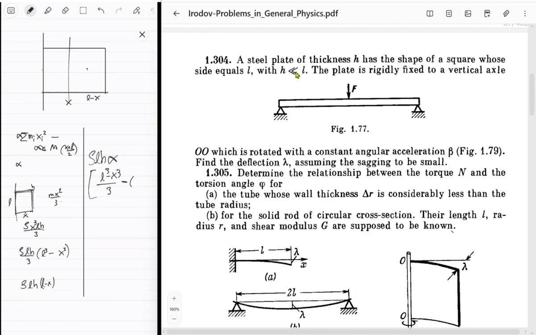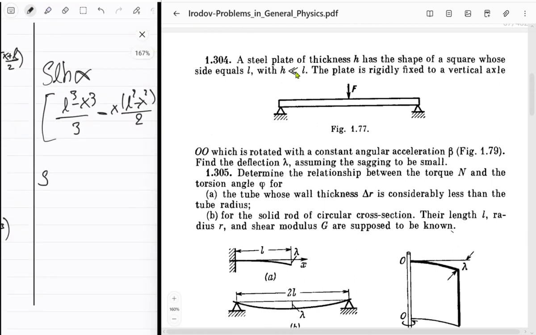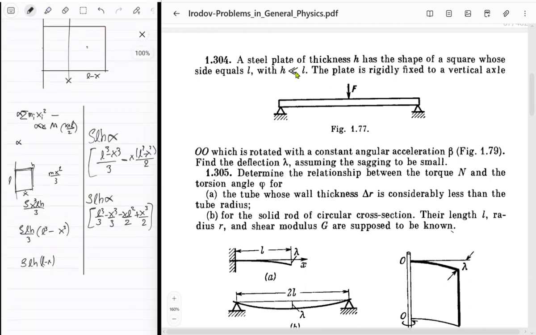Then it's L squared minus x squared, times x, of course, all upon 2. So it's rho L h alpha times this, which simplifies to L cubed upon 3 minus x cubed upon 3 minus x L squared upon 2 plus x cubed upon 2. I hope it's correct. It looks correct to me, right?